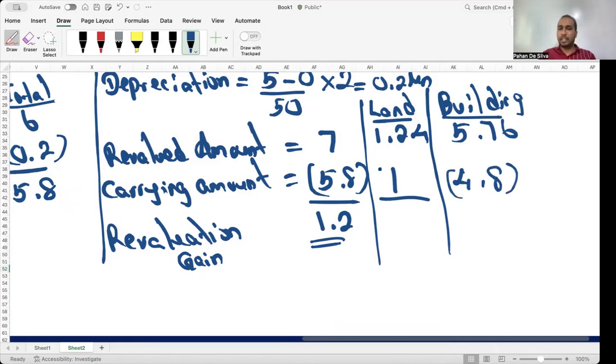Right. Now you can take the revaluation gain. In case of land, the revaluation gain is 0.24. In case of building, it is 5.76 minus 4.8, so the revaluation gain is 0.96. So the total is 1.2, right? This is how we have to revalue this property.